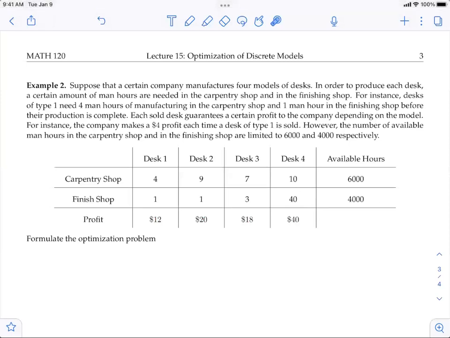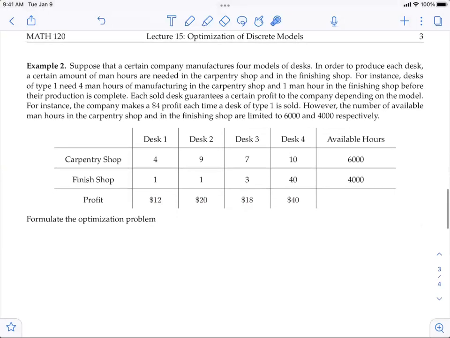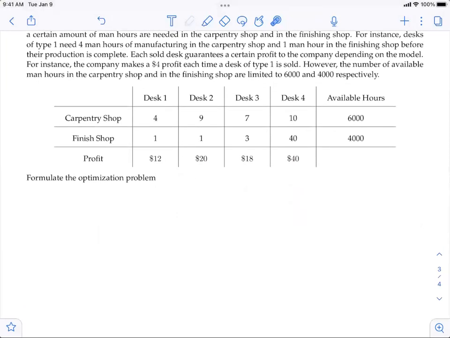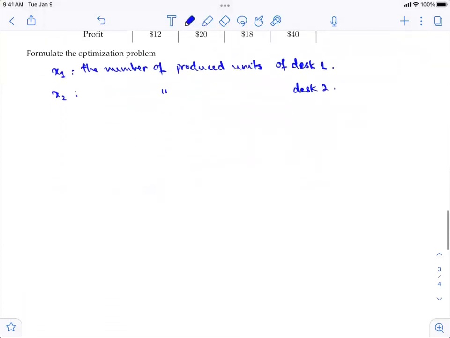All right, so what we're going to first assume is that x1 is the number of produced units of desk 1. x2 is going to be the number of produced units of desk 2. x3 is the number of produced units of desk 3.